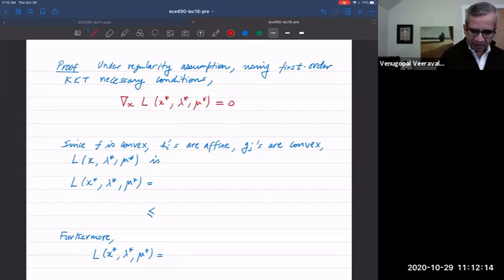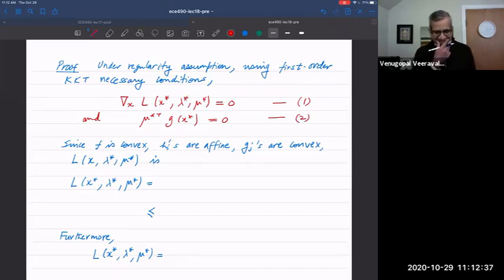This is the KKT condition, assuming regularity. And we also know that the complementary slackness conditions hold. Let's put those down because we'll use them in just a second. You get that by regularity.